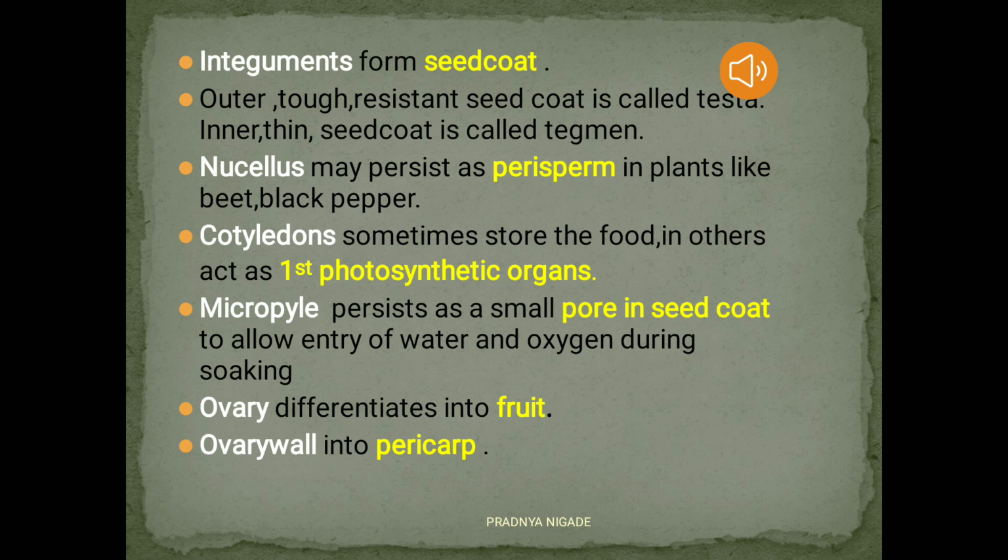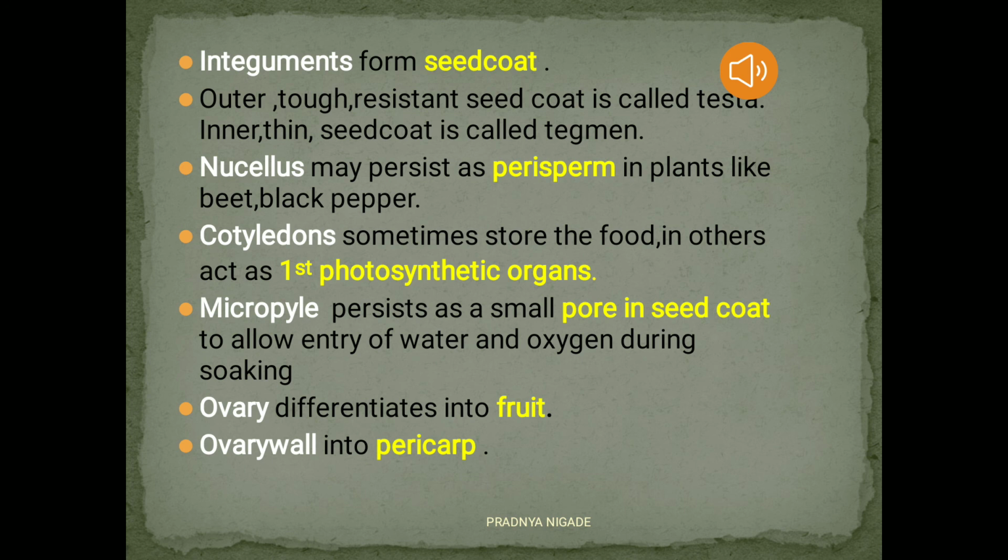The outer tough and resistant seed coat is called the testa, and the inner thin membranous seed coat is called the tegmen. After that, what about the nucellus? The nucellus in the ovule may persist in some genera like black pepper and beet as a thin papery layer called the perisperm. Next to that is the cotyledon.